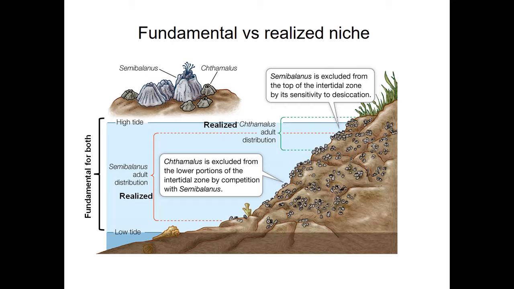This can cause a bit of a problem, and it can, of course, lead to competition. What we've seen over time is that when we have organisms in the same environment that occupy similar niches, we sometimes see one or both of the organisms shifting their niche a little bit.